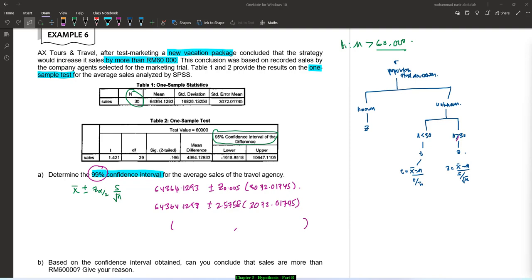Wrong, huh? Can you calculate again? Do you know how to use a calculator? Tekan calculator pun salah, macam mana ni?